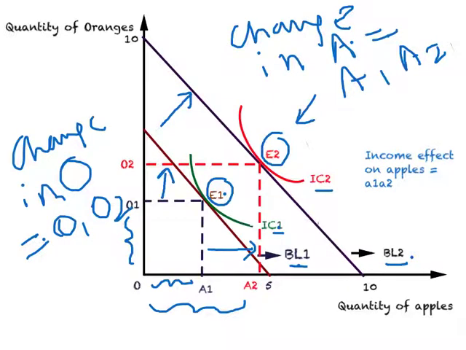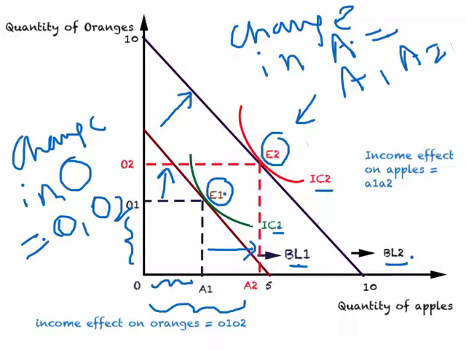And what is the income effect on oranges? Let me write this down again. Also, income effect on oranges. And this will equal O1, O2. Let me just move this so that you can read it properly, and here it is.